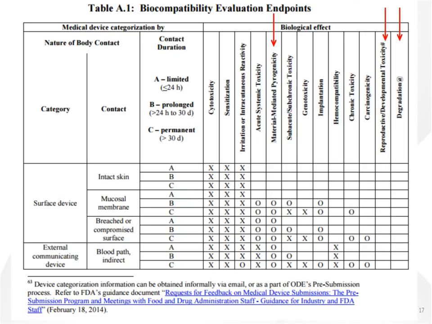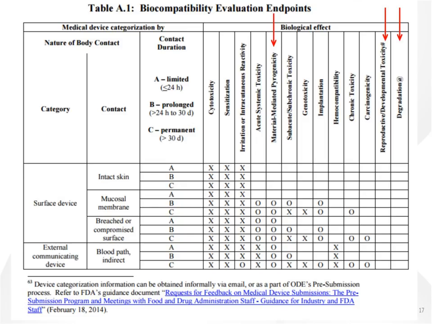Most labs would tell you if you had acute systemic toxicity category marked, that would be both an acute systemic tox test and a material-mediated pyrogen test. I think the FDA just got tired of telling people that and made two separate categories. So now we have two separate categories, plus that allows us to be more focused on what is needed for pyrogenicity as separate from acute systemic toxicity. So I think it was a good move.